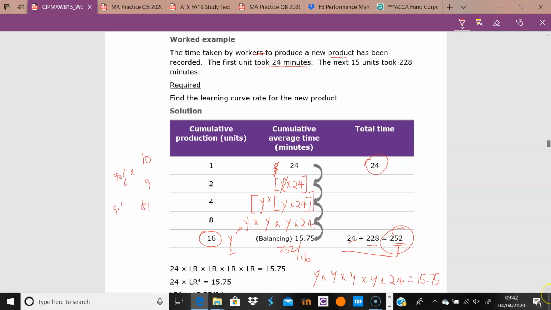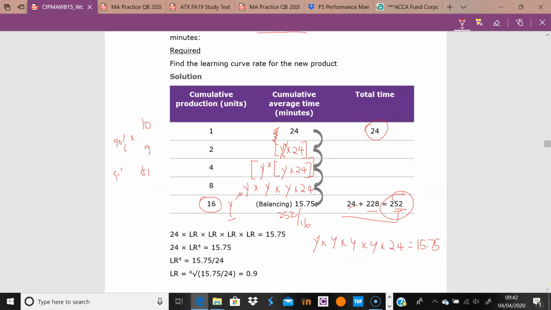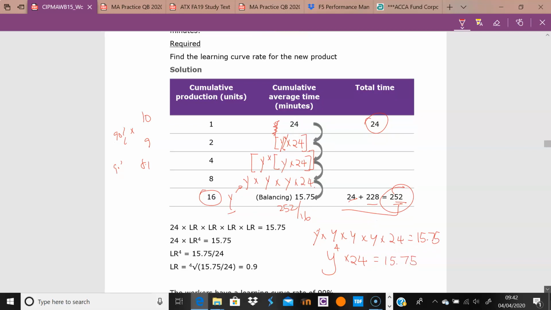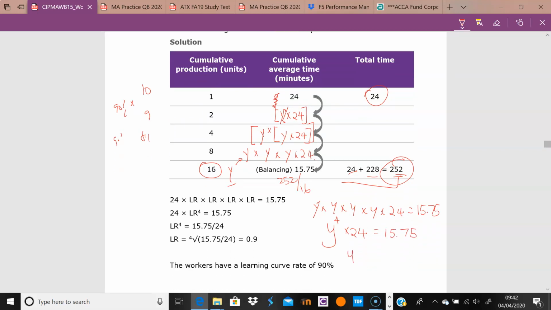So if I carry on, this in effect is like saying Y raised to the power of 4, times 24, is equal to 15.75. So this means that Y raised to the power of 4 is equal to 15.75 divided by 24.